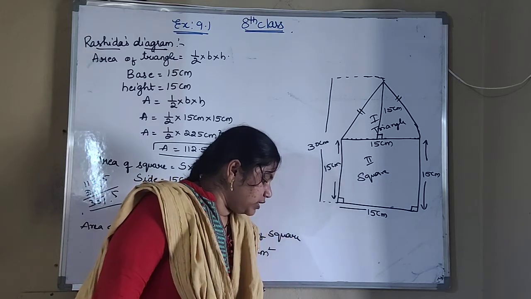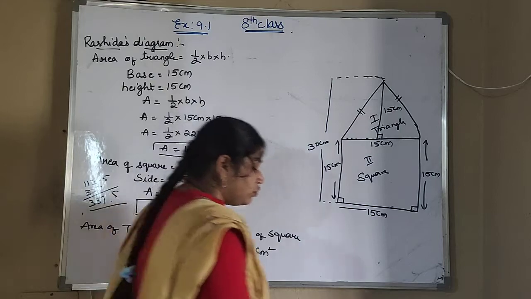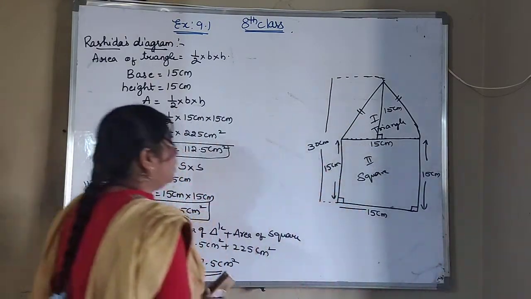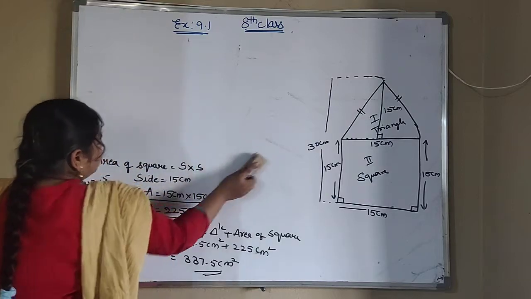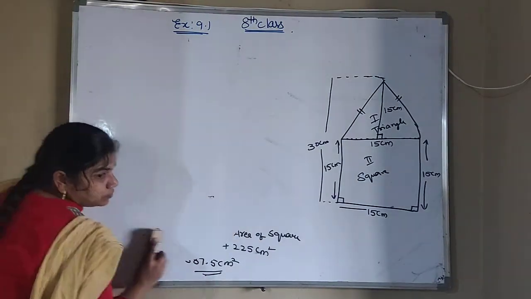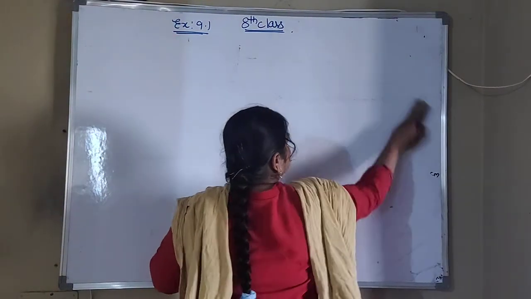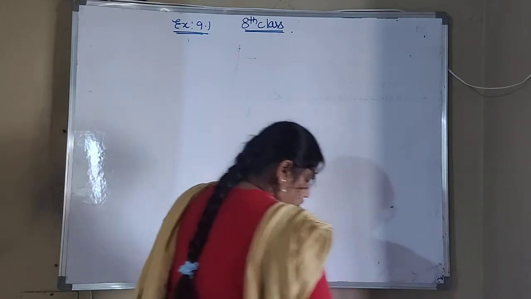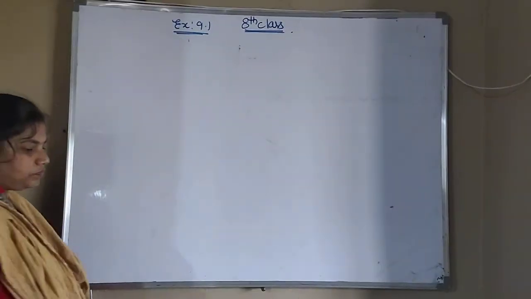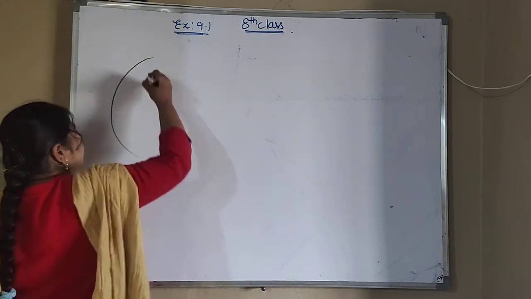Okay, so next is we are going to find what is area of a circle. So how to find area of a circle we will see now. So if you take a circle, what we are finding?